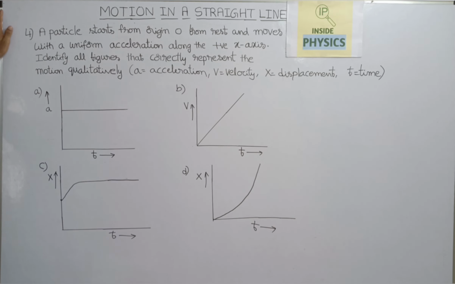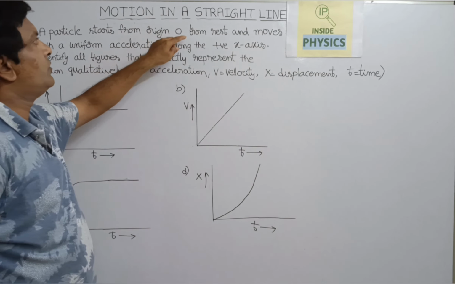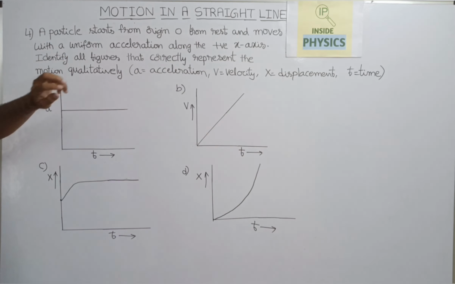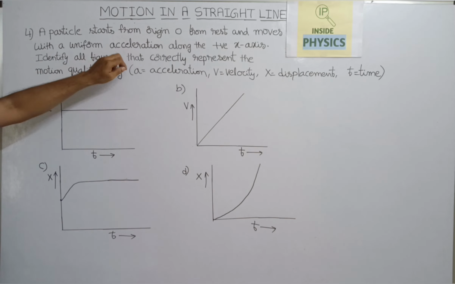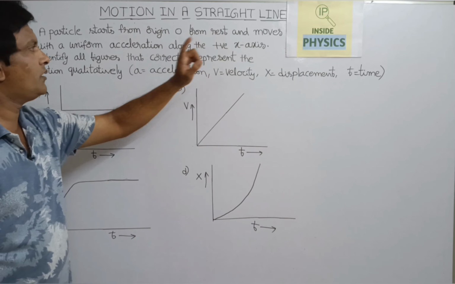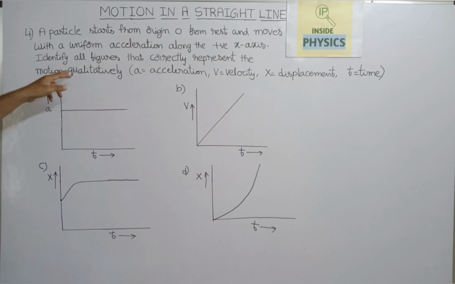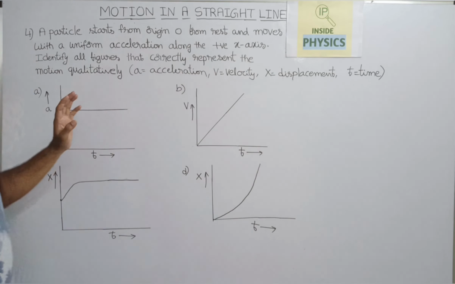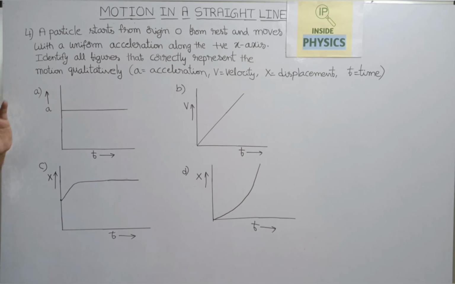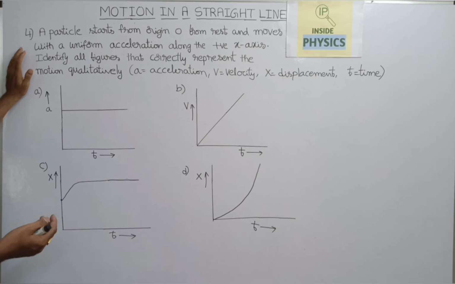Here we see the fourth problem. A particle starts from origin O from rest and moves with a uniform acceleration along the positive x-axis. Identify all figures that correctly represent the motion qualitatively. So the representation of motion is only by means of logic, not taking any numericals.